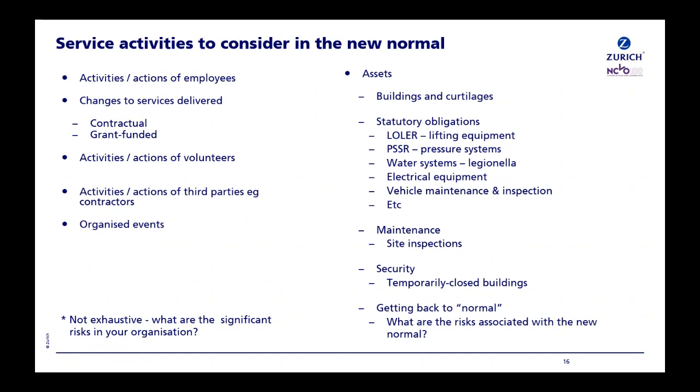What are you expecting them to do differently perhaps? Are you contracting some of your work out? And also, are you working alongside agencies? Lots of charities do work as a sort of multi-agency approach. So are your safe systems of work compatible? Have you identified risks to working together?